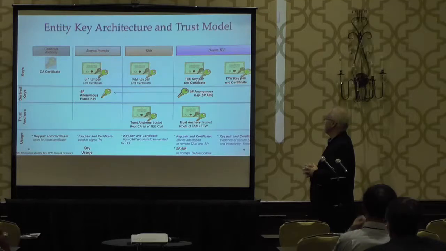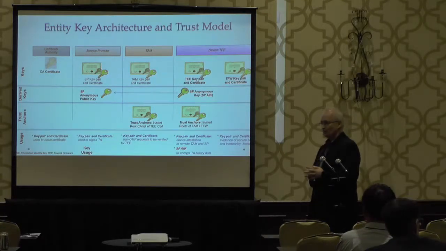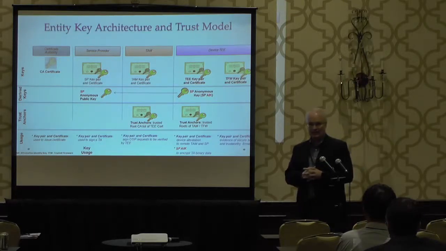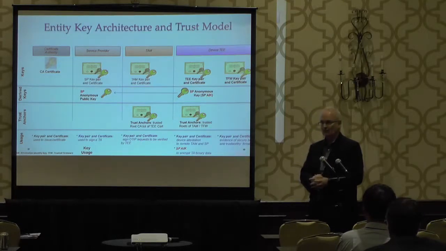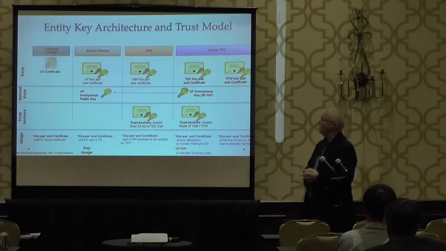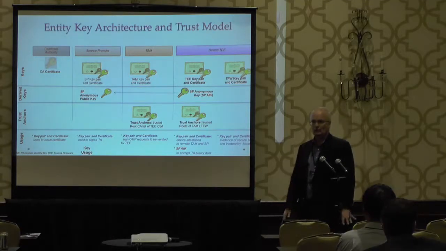And the key pair of the trusted firmware will be used for attestation and certification of the device itself. So that's the architecture. That's how the PKI infrastructure and architecture is reused within the OTrP protocol.